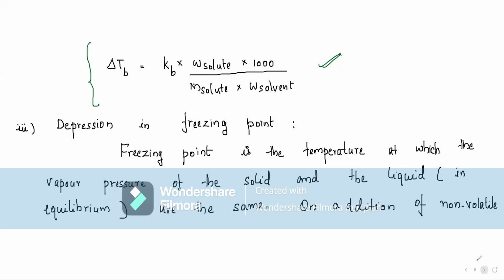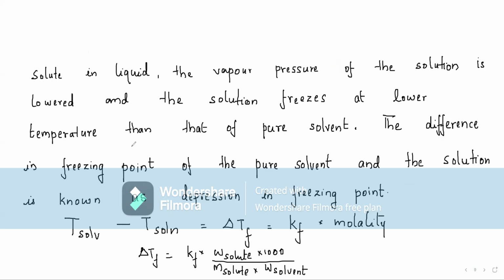Now, when you add a solute into a liquid, the vapor pressure of the solution is lesser than the vapor pressure of the solvent. Because of the same reason, the solution freezes at a lower temperature than that of the pure solvent.